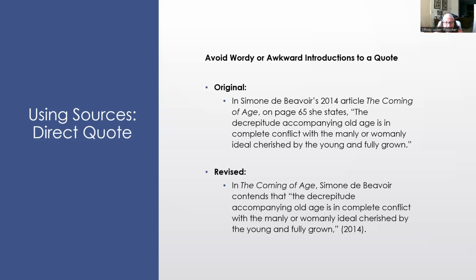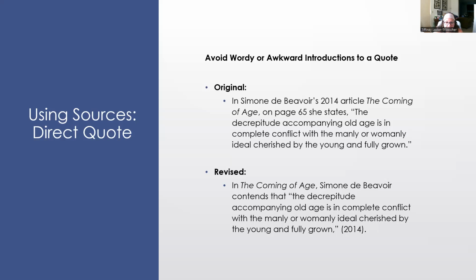We don't have to have every bit of information in the signal. That's what the citation is for. Remember, I don't need to know that it's on page 65. I don't need to know in the signal that it's from 2014, but you're going to give me that in the citation. I don't need it to bog down the beginning of the sentence.